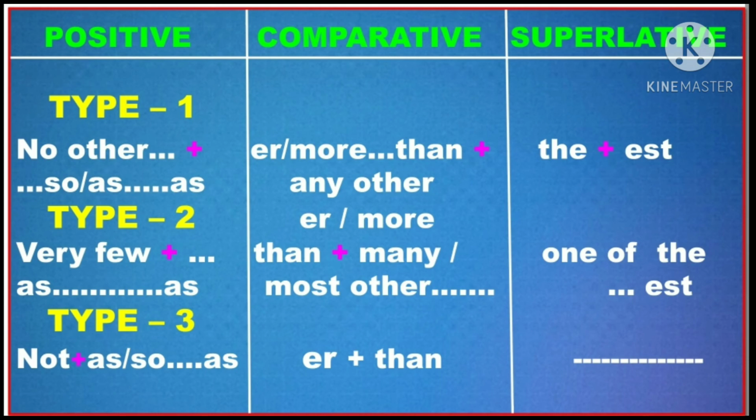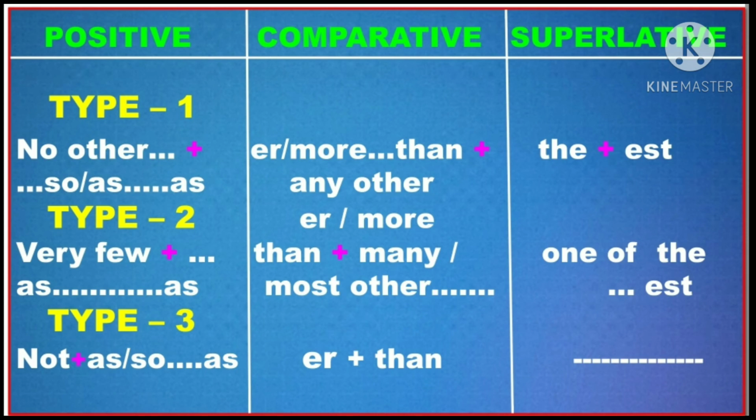If the sentence has no other, so, or as, that sentence will be considered the positive degree. Clear? When it goes to comparative degree, we need to remove no other and as, and instead of that we should add er or more with than and the adjective word, and along with that we need to add any other in the comparative degree.